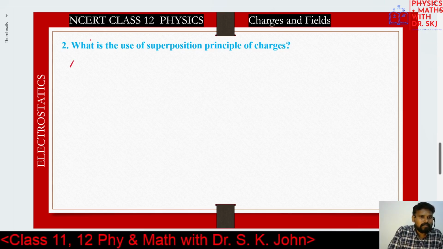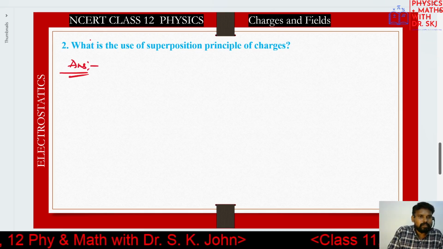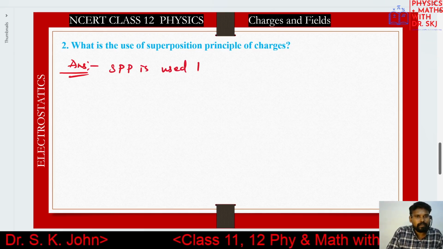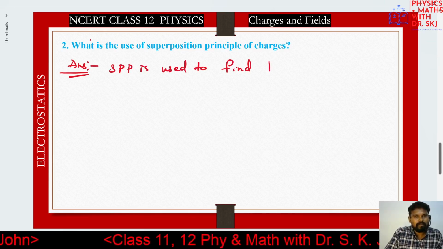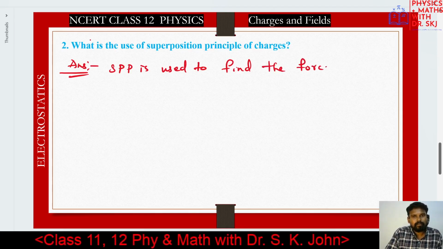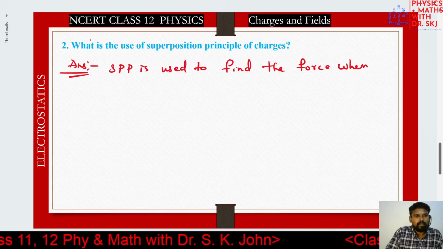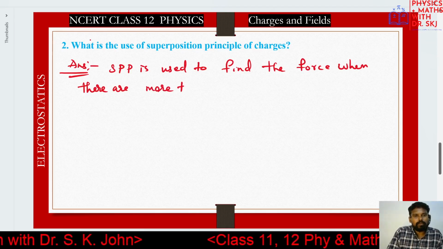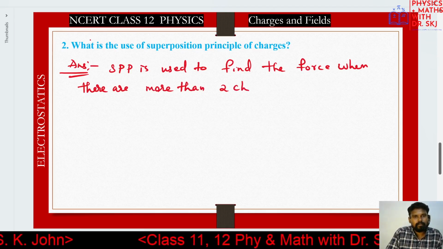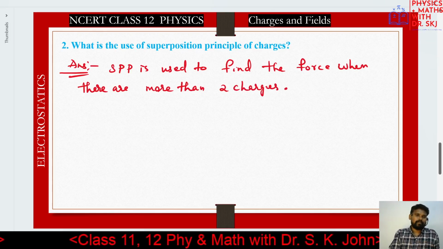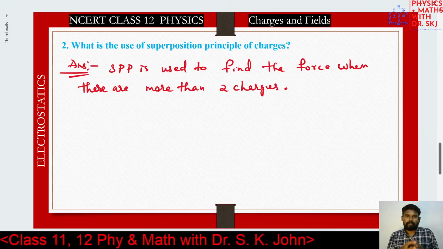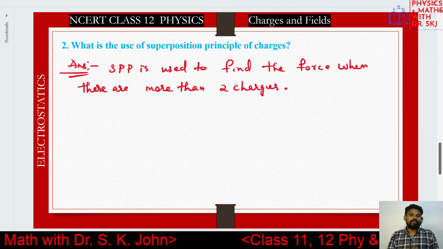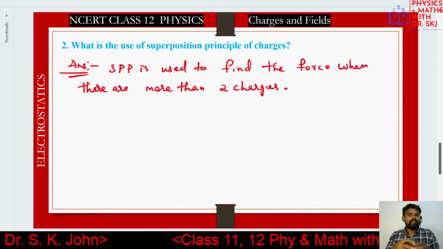So the answer is, the superposition principle is used to find the force when there are more than two charges. So this is the concept of the superposition principle. I think you got the idea.